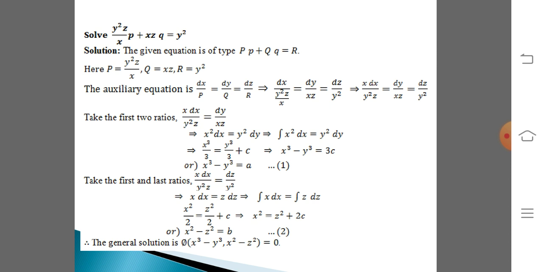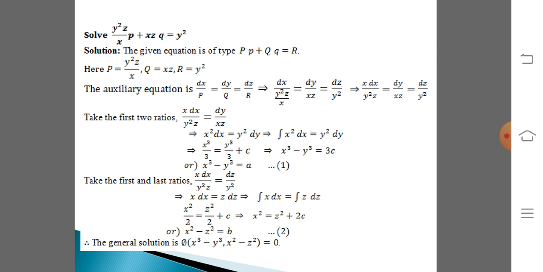This implies x square by 2 minus z square by 2 equal to c. You take 2 as LCM, you get x square minus z square by 2 equal to c. It implies x square minus z square equal to 2c. If 2c is taken as some other constant, say b, we have x square minus z square equal to b.